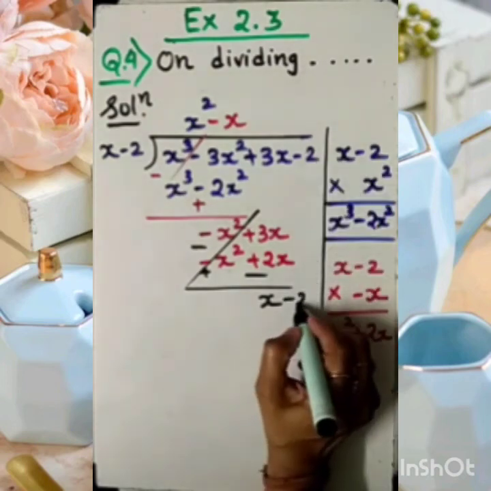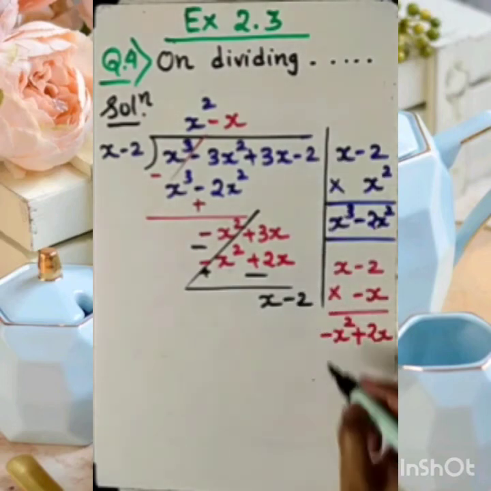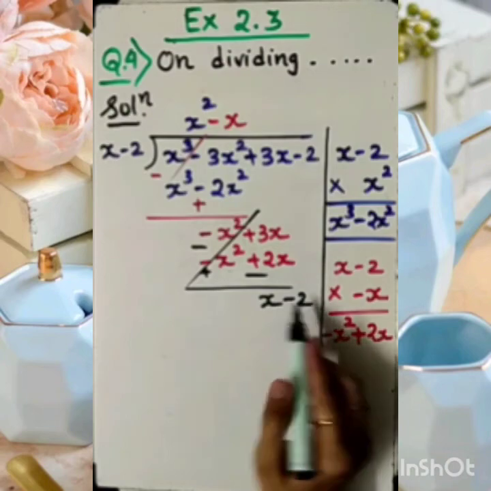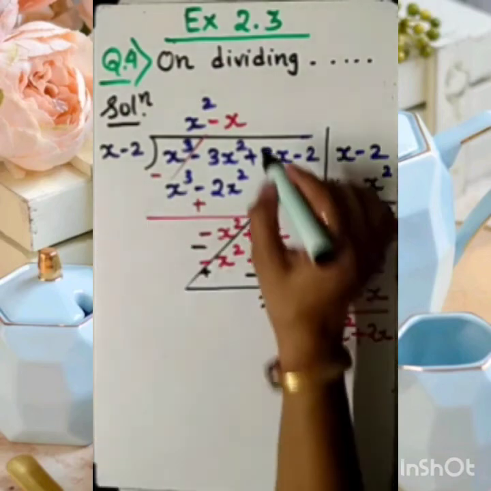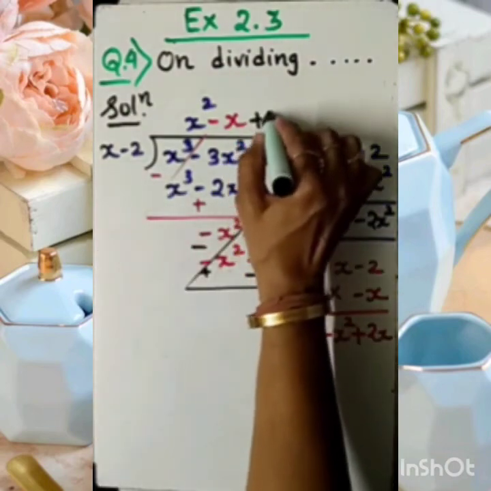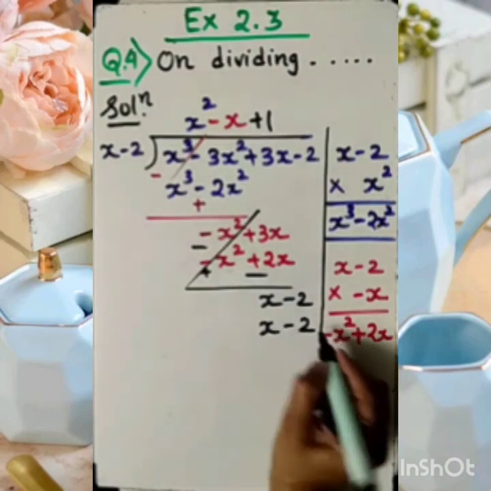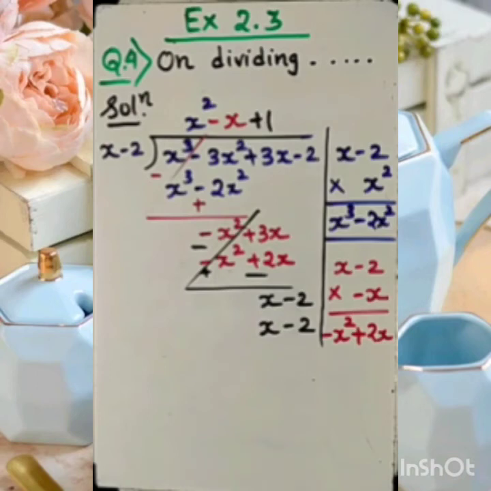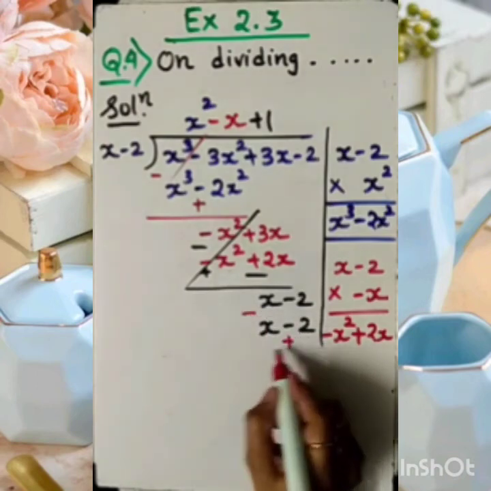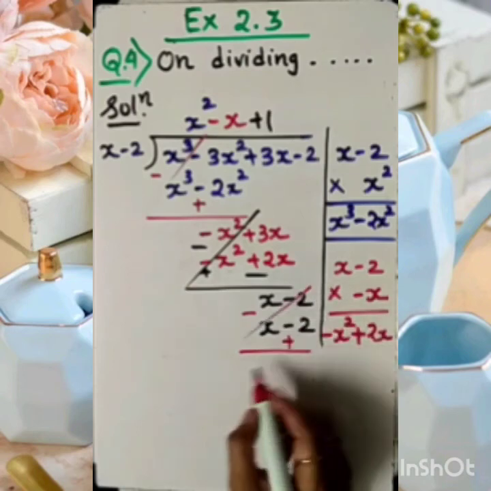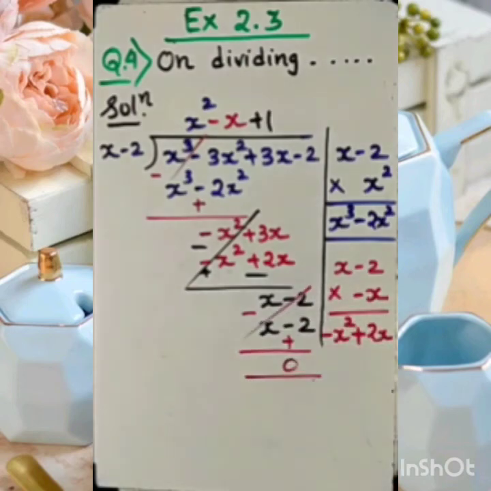Let me bring this 2 down again. Because we are multiplying x minus 2 by positive 1, I need to mention this. As usual we are changing the sign, so both will be cancelled, and the remainder is 0.